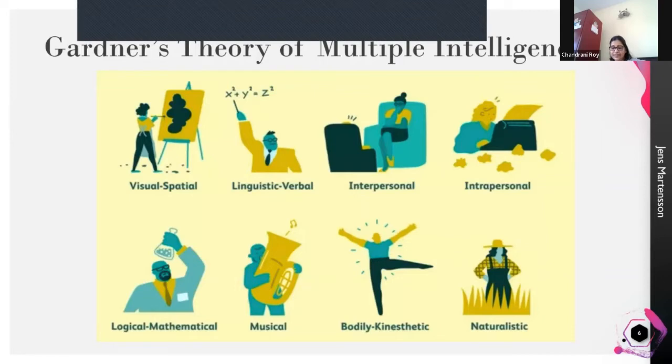So these are the various kinds of intelligence that we have. And in a classroom, we as teachers should try to cater to the various intelligences that our diverse group of children have, because we always need to remember that our learners are a very heterogeneous group.